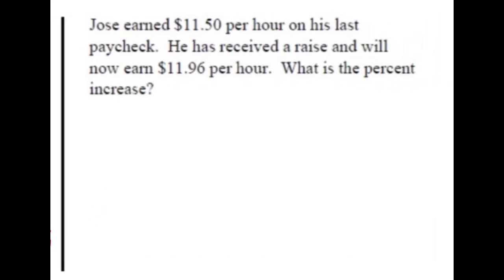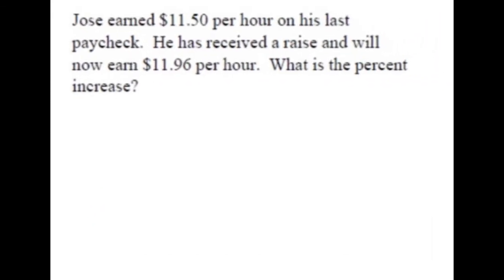Okay, this one. Jose earned $11.50 per hour on his last paycheck. He has received a raise and now will earn $11.96 per hour. What is his percent increase? So we're going to subtract the two, right? $11.96 minus $11.50. And yes, you can do this part on your calculator.